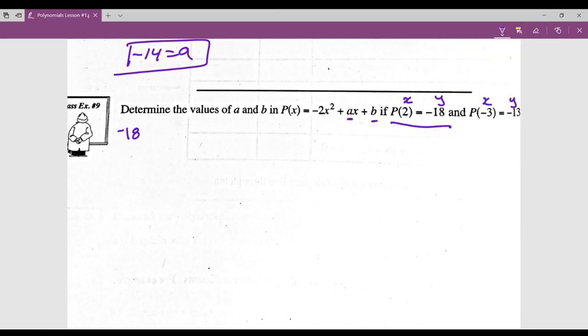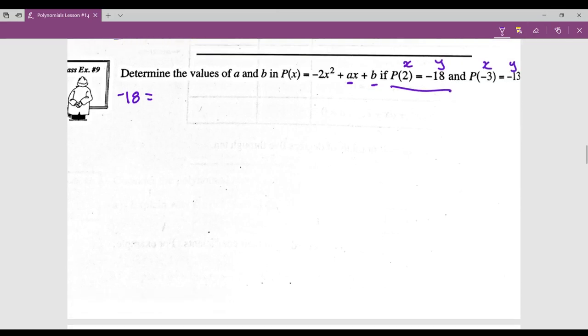Negative 18 is equal to negative 2 squared plus a times 2 plus b. We don't know what b is, so we're going to simplify this as far as we can. Negative 18 is equal to negative 2 squared, which is 4, plus 2a plus b.